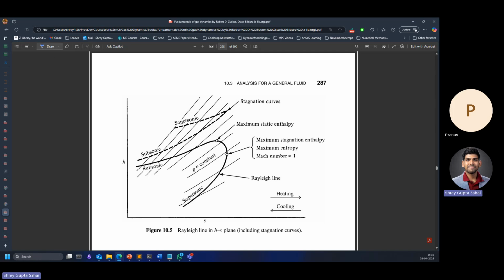Because suppose it's the supersonic conditions and they have the same area ratio.